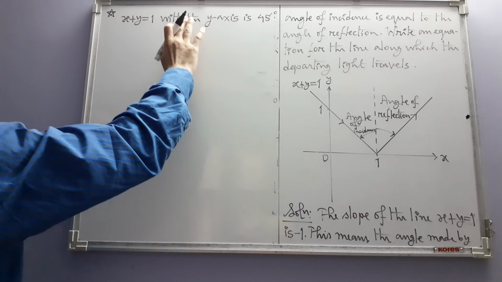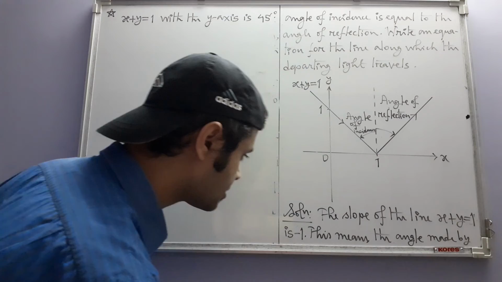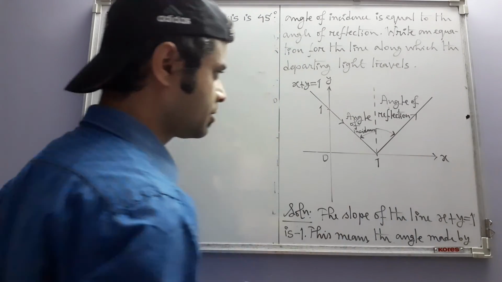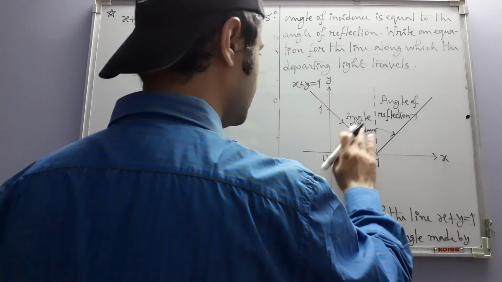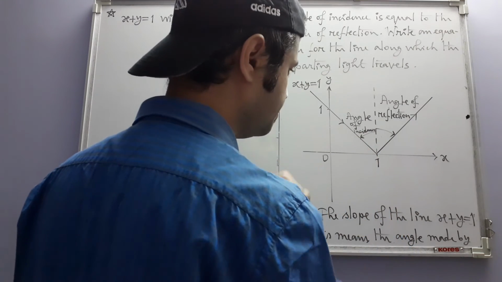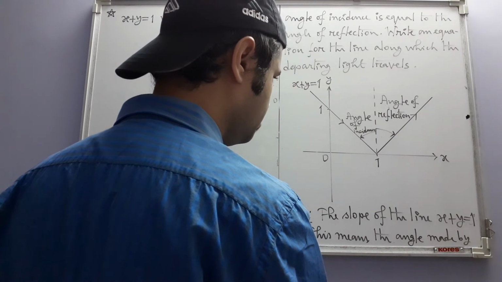The smaller angle, because inclination is the angle made with the positive direction of the x-axis. That is this angle, which is 90 degrees plus 45 degrees, because the slope has to be minus 1.